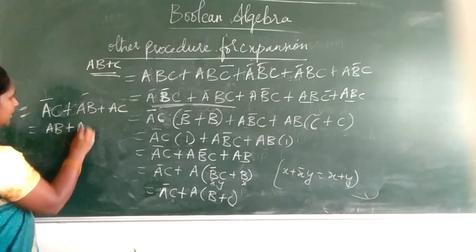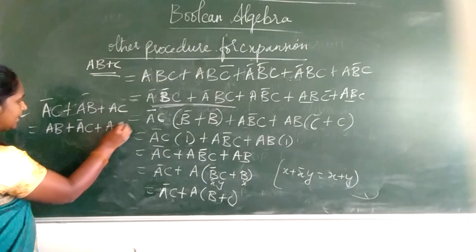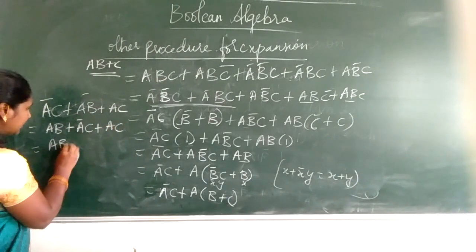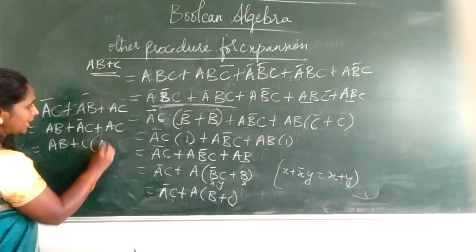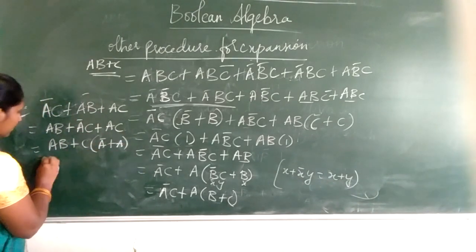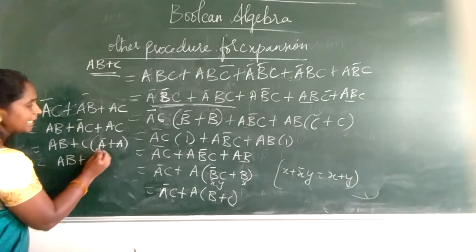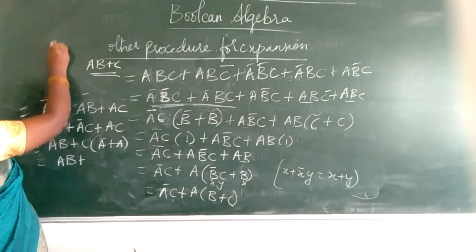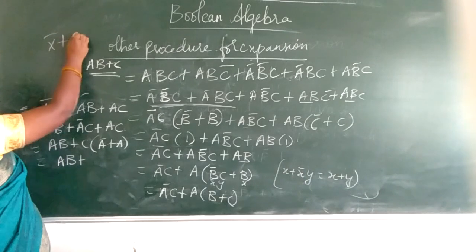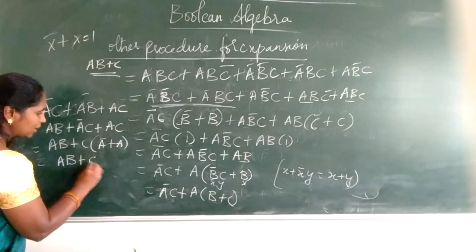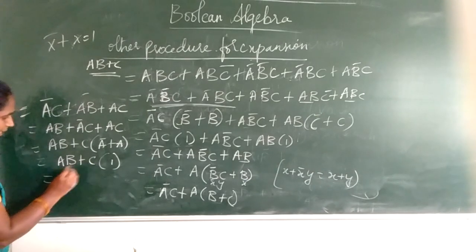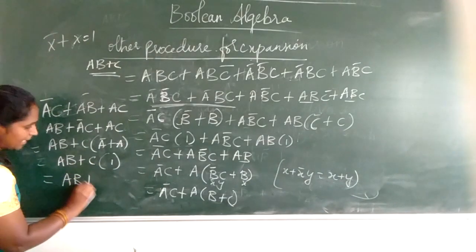In these two things, A bar C plus AC, AB as it is. Which one is the common here? C, A bar plus A. That is nothing but AB plus, A bar plus A is nothing but according to your complementary rule, x bar plus x is equal to 1. So that is nothing but C into 1, that is nothing but AB plus C.